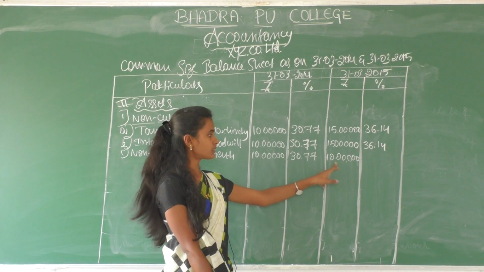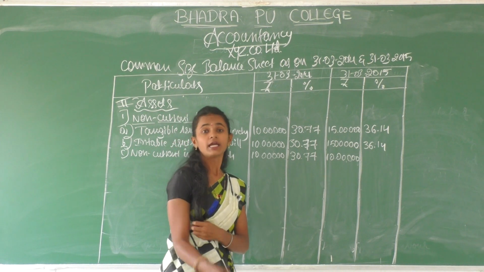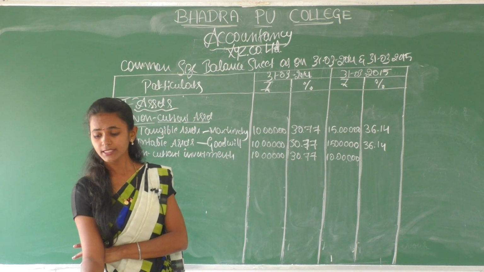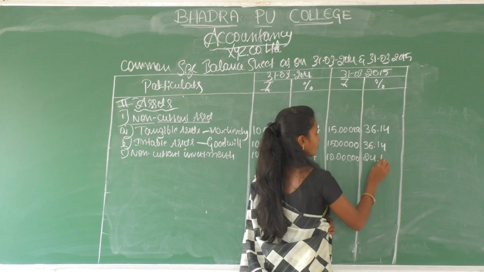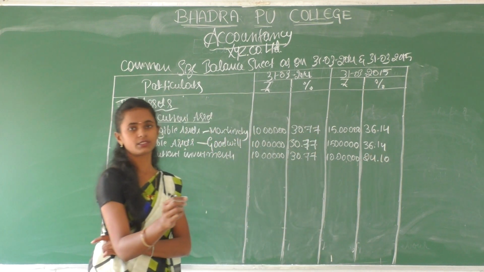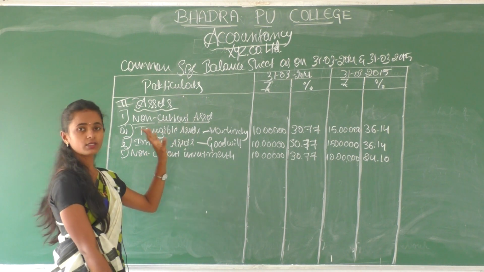So the calculation is 10 lakh divided by 41,50,000 into 100, then you will get 24.10%. Okay, so these are our 3 items under non-current assets.